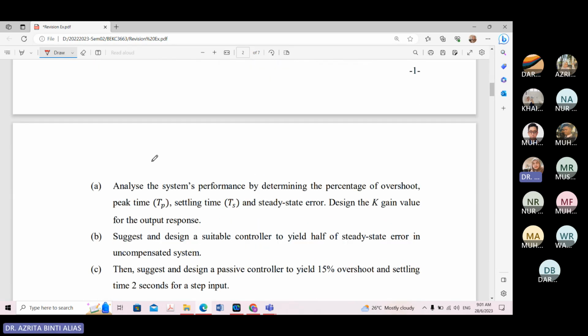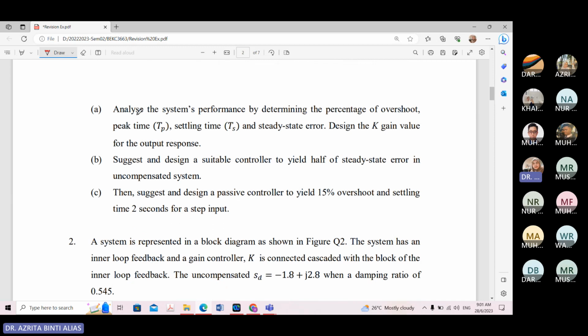The question is, you need to analyze the system performance by determining the percentage of overshoot, peak time, settling time, and steady state error. After that, you need to design the gain value K for the output response.